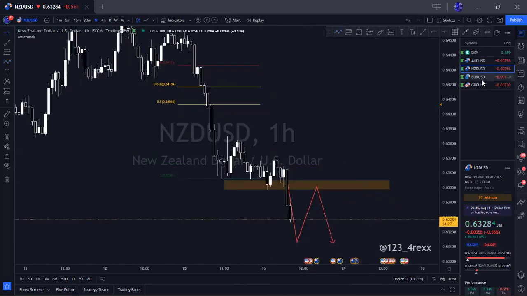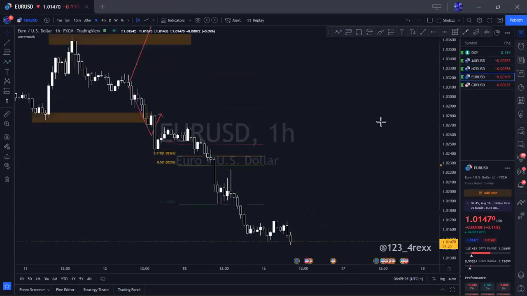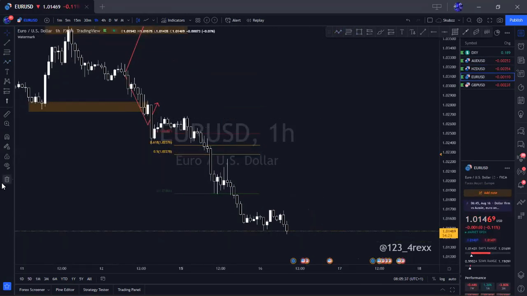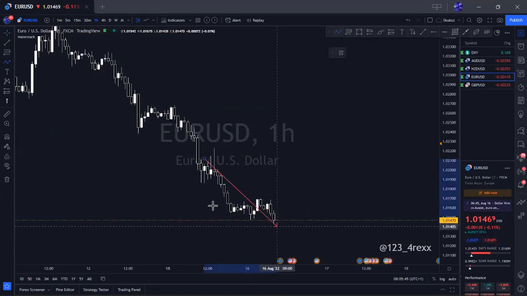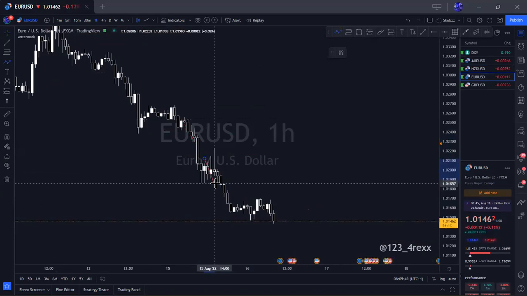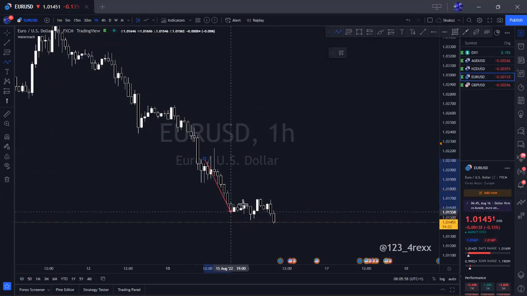Then Euro/USD. It's the same thing. We broke structure yesterday and I was looking out for that retest, but I did not see it. And now it's looking like the downtrend has already exhausted. Because as you can see, first of all, the candles were becoming smaller, and then at some points they started looking like a consolidation, and the candles are still small.